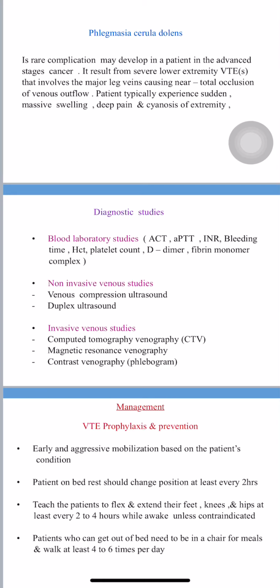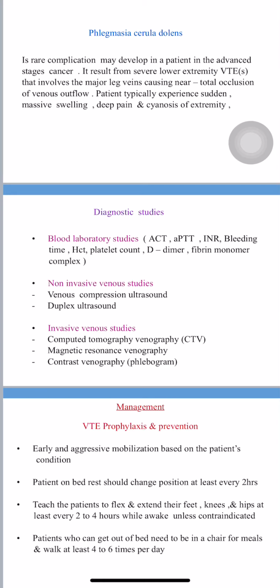Next, non-invasive venous studies, which mainly include venous compression ultrasound. Venous compression ultrasound is usually done to evaluate the deep femoral, popliteal, and posterior tibial veins. Next is duplex ultrasound.